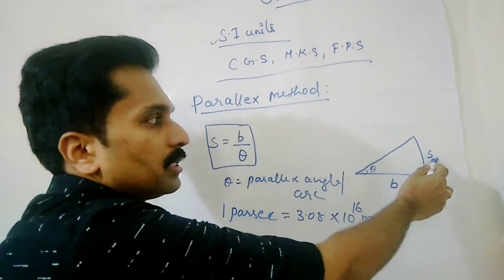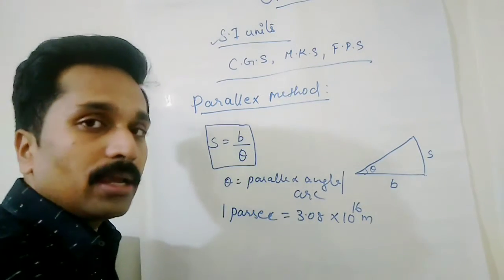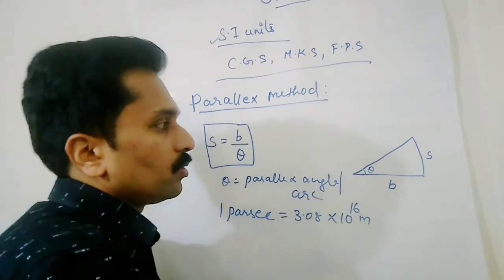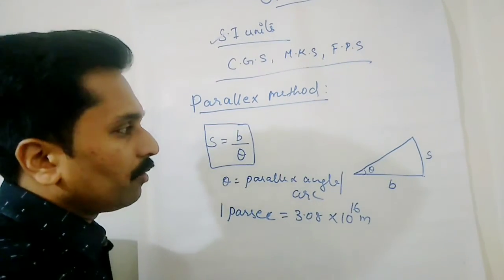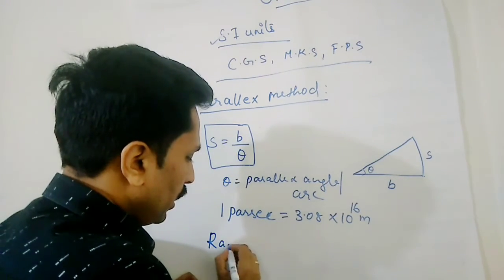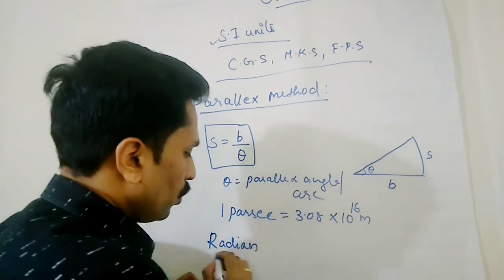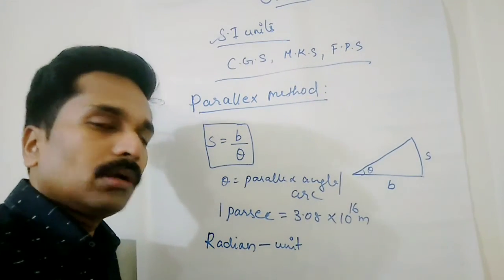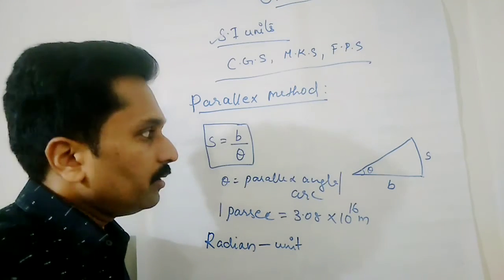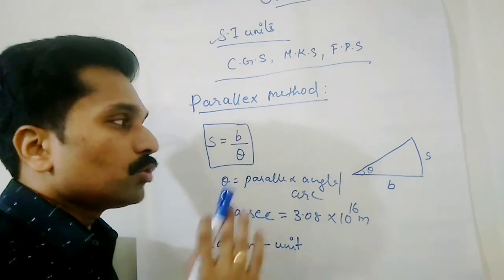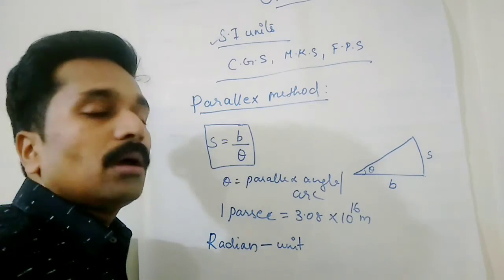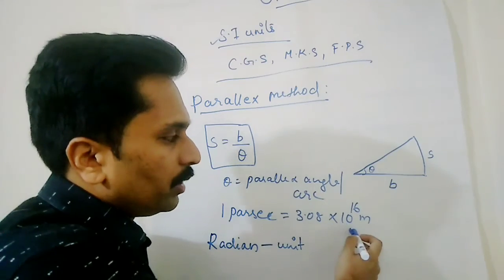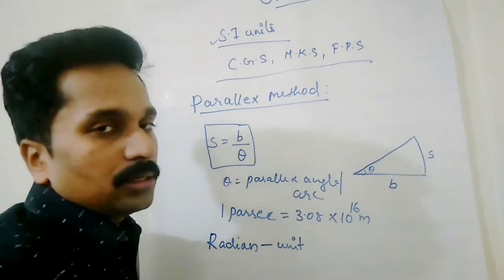S is equal to B by theta, and the angle is measured in radian, another unit. And we measure the distance using parsec, and 1 parsec is equal to 3.08 into 10 to the power 16 meters.